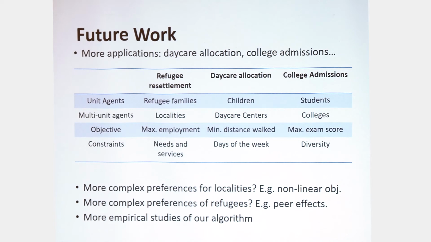And we would like to extend our model to more complex preferences of refugees, for example, taking into account peer effects. And finally, we would like to do more empirical studies of our algorithm.